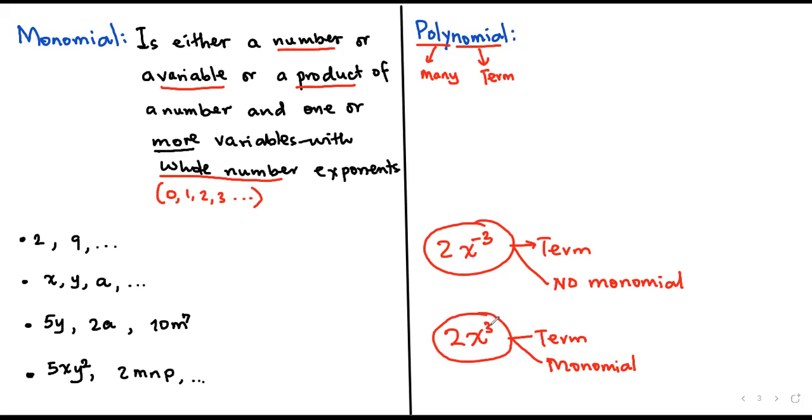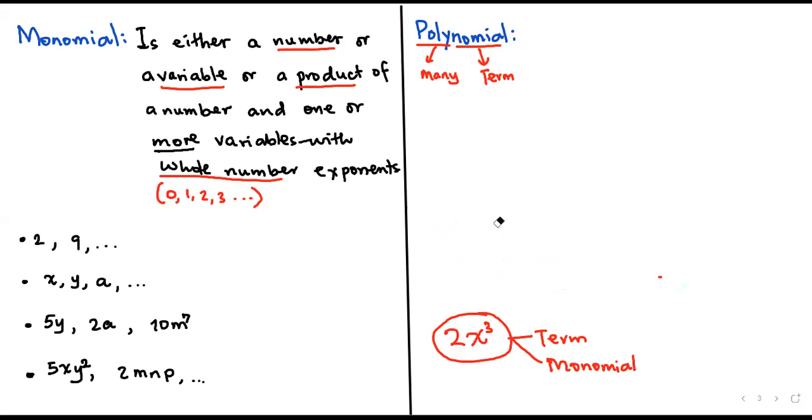It must be 0, it must be positive. But if we have got a term whose exponent is negative, then that is not a monomial. I hope you have understood that very well.